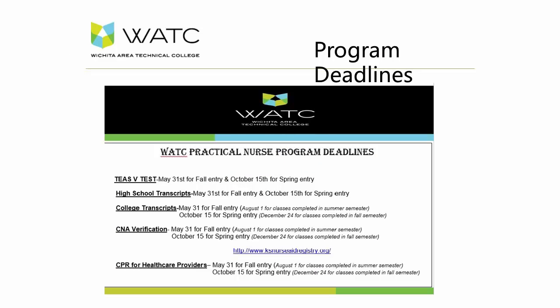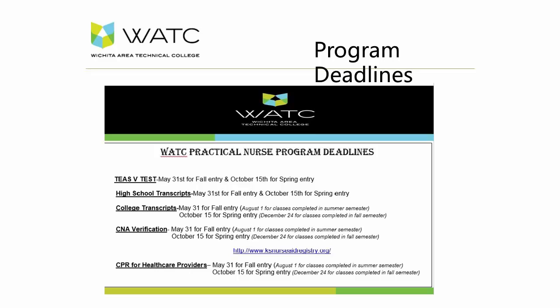Let's review the deadlines. The TEAS test must be completed by May 31st for the fall entry and October 15th for spring entry. Your high school transcripts are due by May 31st for fall entry and October 15th for spring entry. Your college transcripts are due May 31st for fall entry or August 1st if you are completing prerequisites in the summer semester.